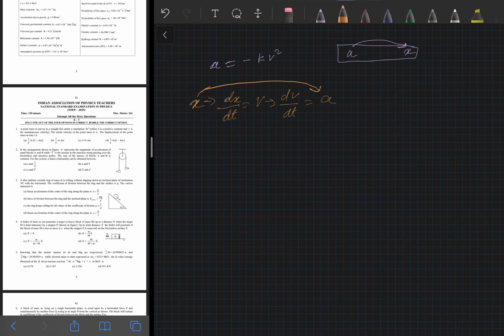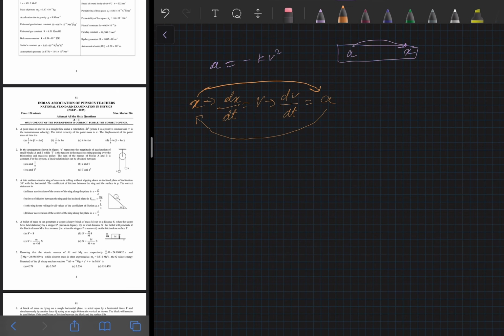Similarly, if you want to go from acceleration to displacement, we have to do the opposite of differentiation, which is integration. We have to integrate it twice.